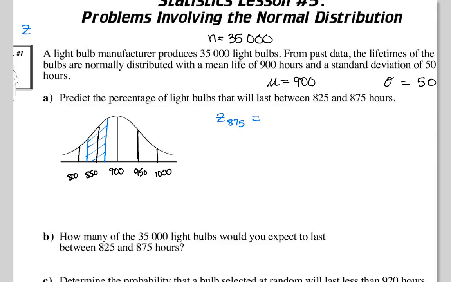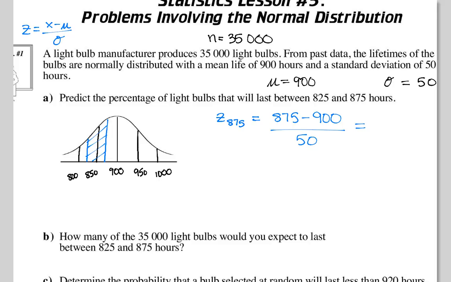The z-score is equal to x minus the mean over the standard deviation. That's this formula here. So the particular data value that we're interested in is 875. And we subtract the average, which is 900, and we divide that by the standard deviation, which is 50.